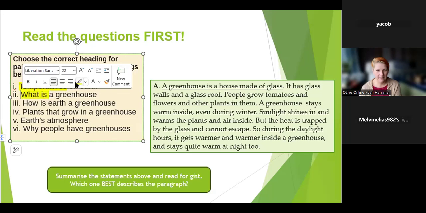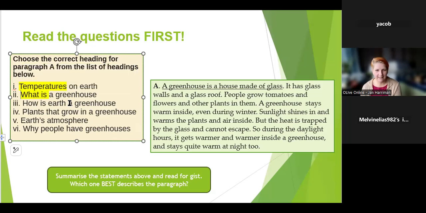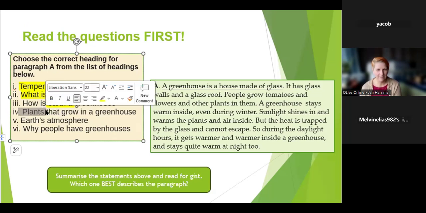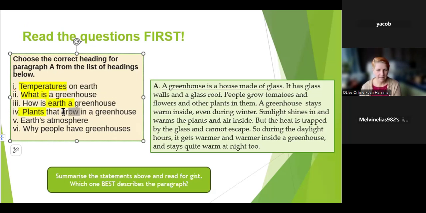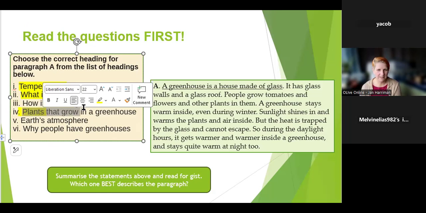There we go. Is it about the planet? Is it specifically about plants that grow specifically in a greenhouse, right?